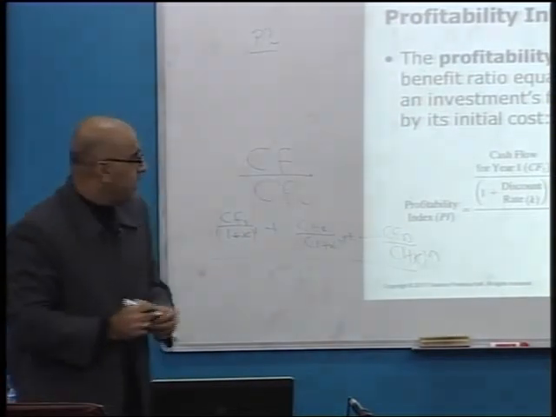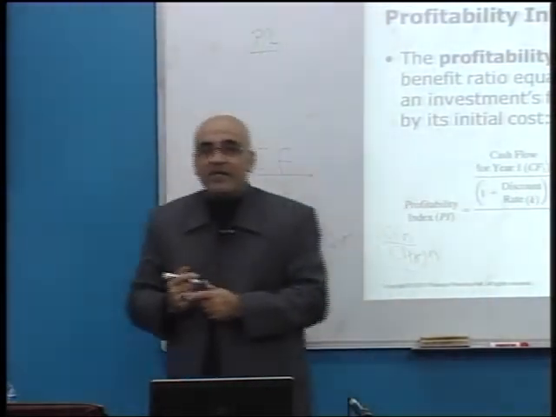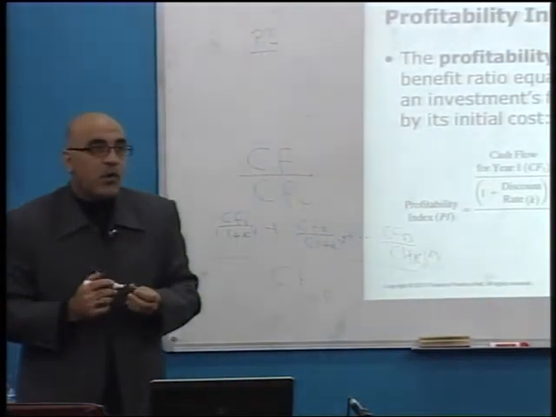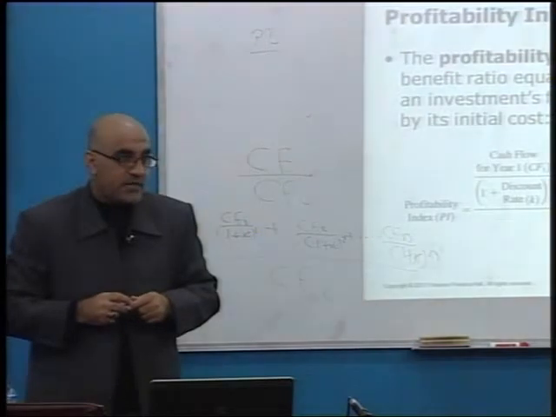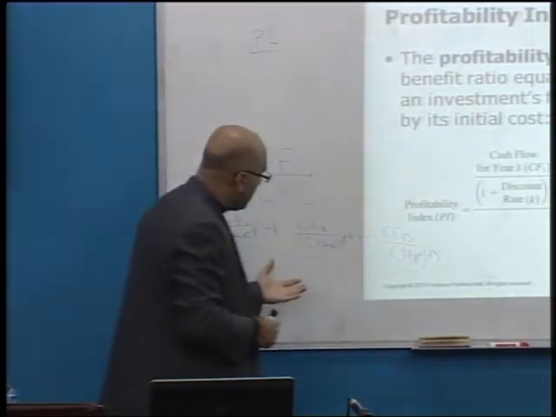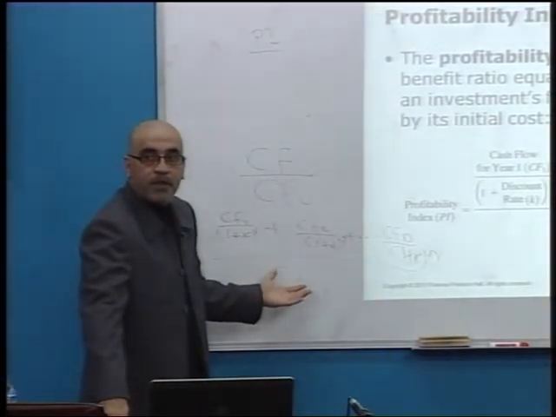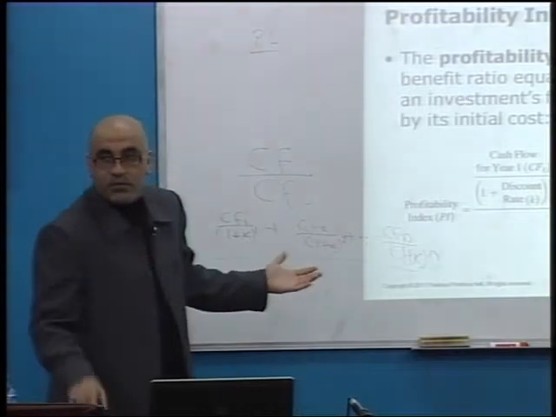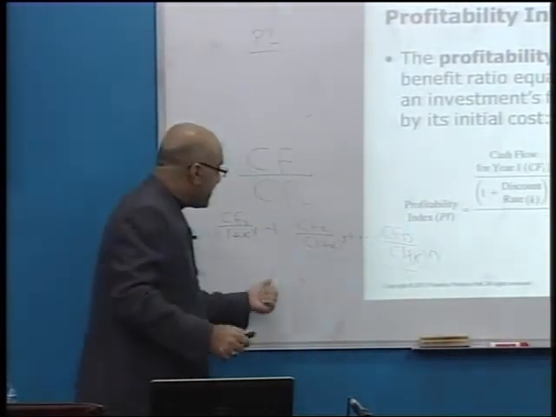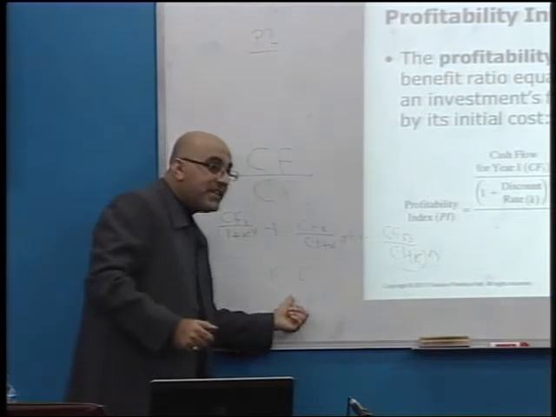So this is the profitability index. What exactly does the profitability index mean? What is the dollar return? In other words, what is the rate of return, or what is the return of the initial investment?